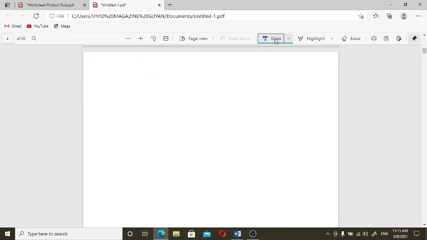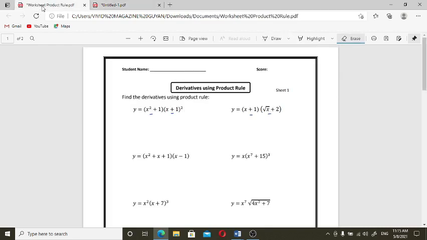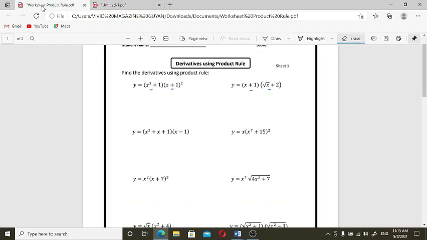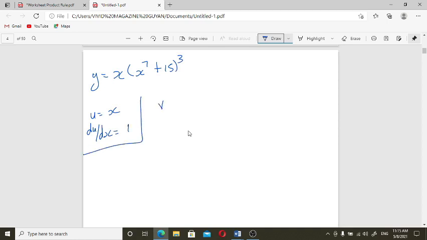Alright, next one is going to be x times (x to the 7th plus 15) cubed. So in this one, y is equal to x times (x to the 7th plus 15) cubed. So like we said, u is equal to x, du upon dx is equal to 1, v is equal to (x to the 7th plus 15) raised to the 3rd power.